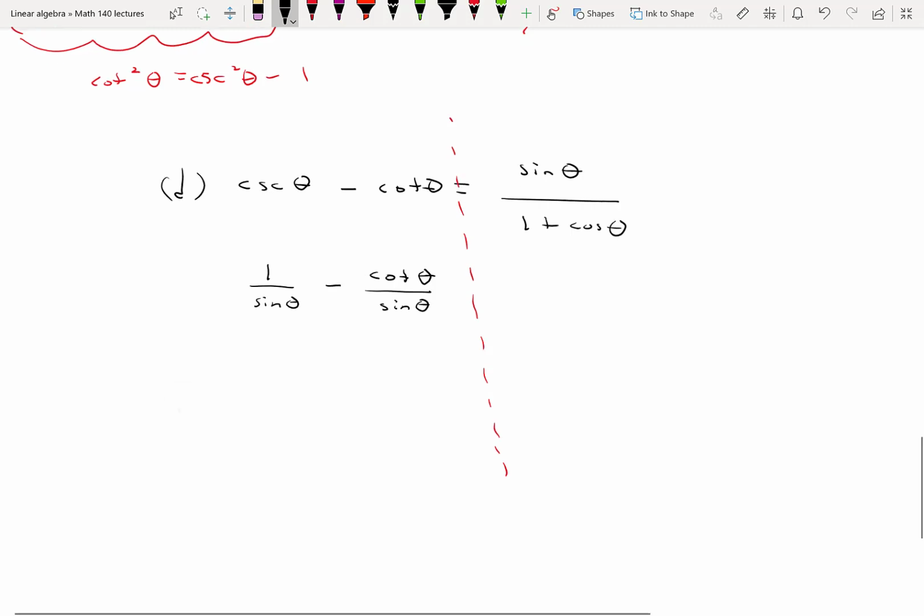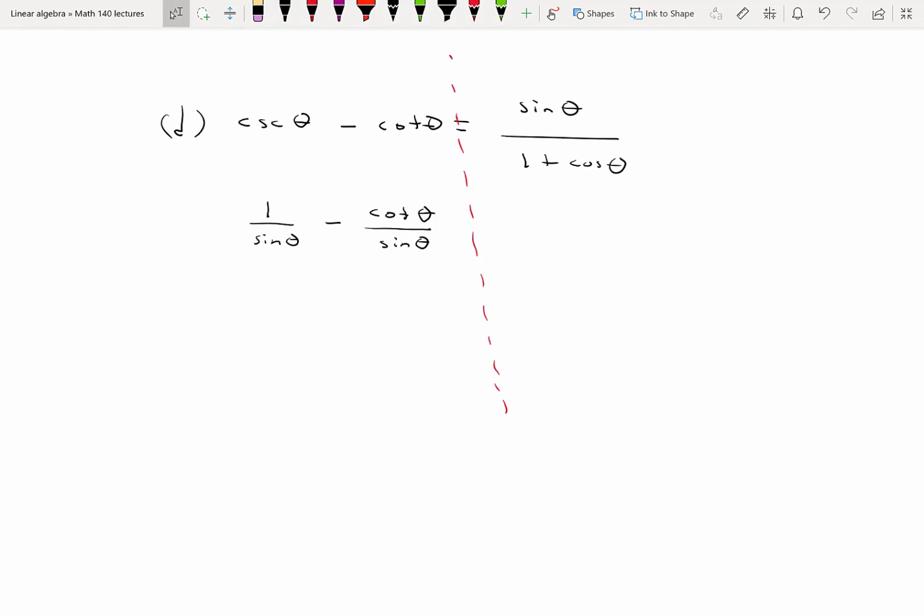Can you recognize anything to do with algebra here? The denominators are the same. We already have the same denominator, so rewrite as 1 minus cosine over sine.